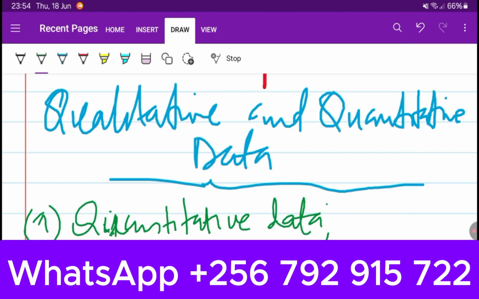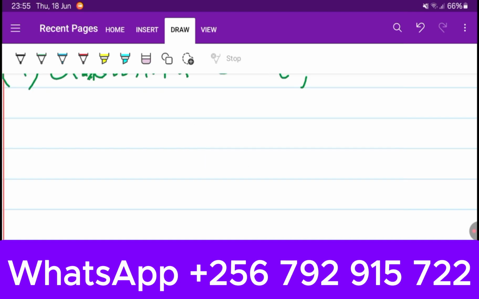So as long as the data can be quantified, we are talking about a quantitative aspect.